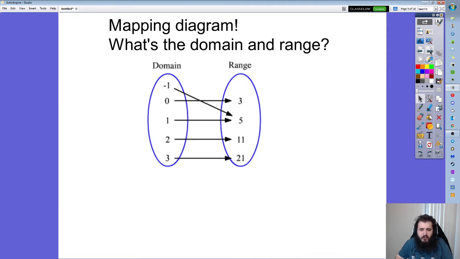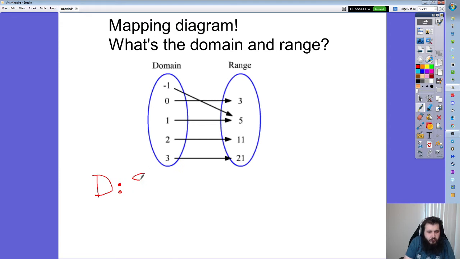All right, so let's jump in, starting out with mapping diagrams. So this is basically a way to represent a relationship, the stuff that's in the domain, get the arrow that goes to the stuff in the range. So when I write this down, okay, what's my domain? The way I do it is like this. I always write a capital D to tell me, hey, this is my domain.